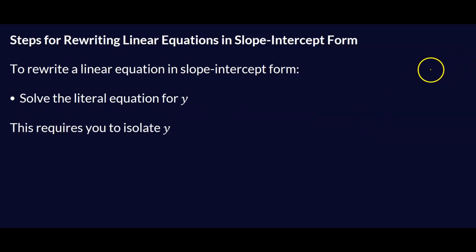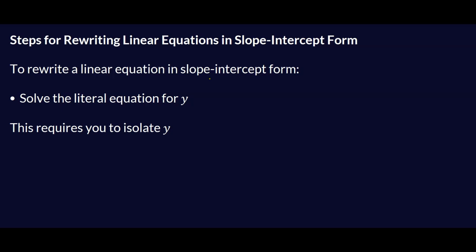Now, how do we go about writing a linear equation in slope-intercept form? For you to be able to do that, you have to remember how to do literal equations. Simply put, writing a linear equation in slope-intercept form is the same as solving the literal equation for y.